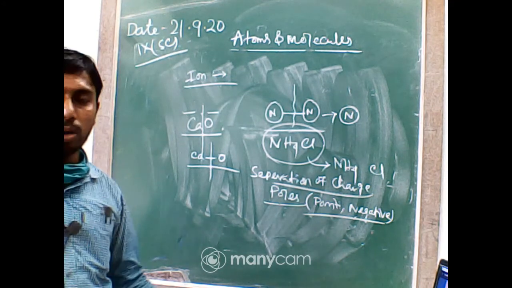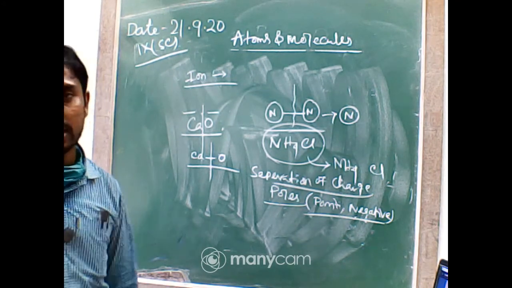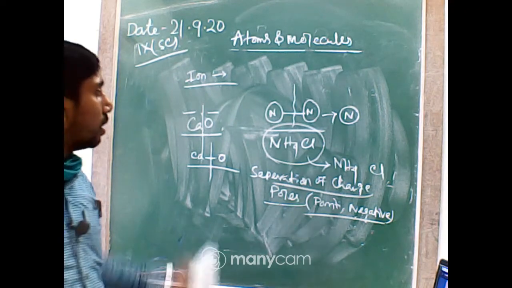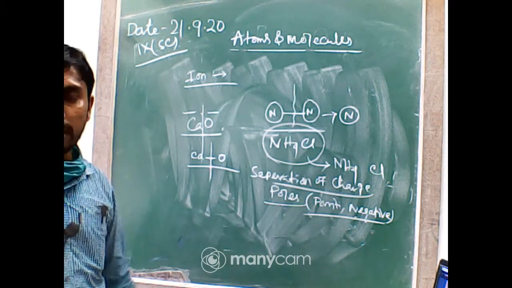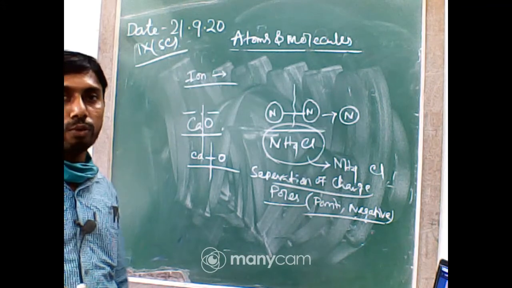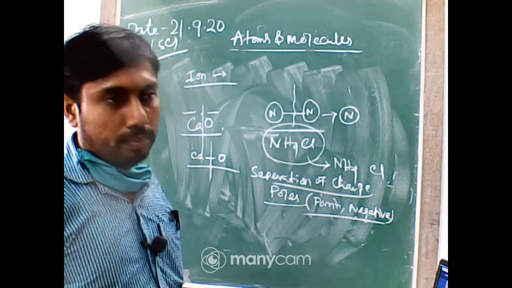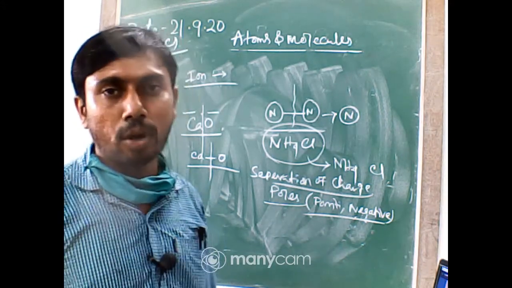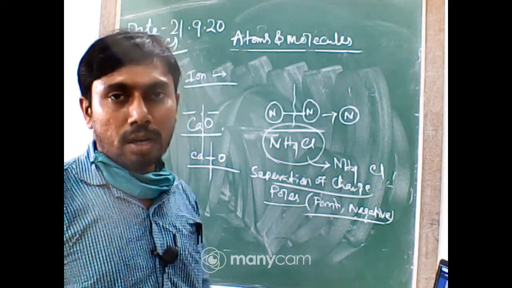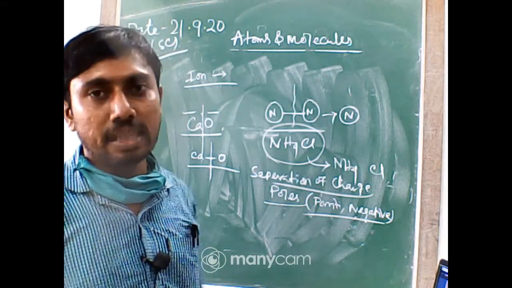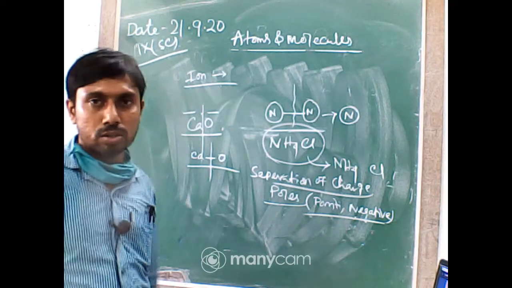Now I have told you in detail how charge is produced when there is a chemical interaction, and when some forces act on the molecules to break down the interactive forces, the charge is separated and ions are produced.